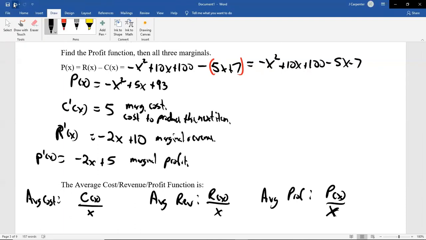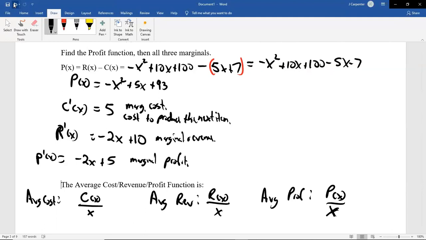So again, with real business models, linear costs, revenues, and profits generally don't exist. If they were linear, then all these averages would be the exact same. It would cost you $5 to produce the first, $5 to produce the second, $5 to produce the third. So the average cost of each of them would be 5. But in the real world, we usually have what we call a descending average. The more we make, the lower the average cost is of each. It might cost you $5 to make the first one, but only $4 to make the 10th one.